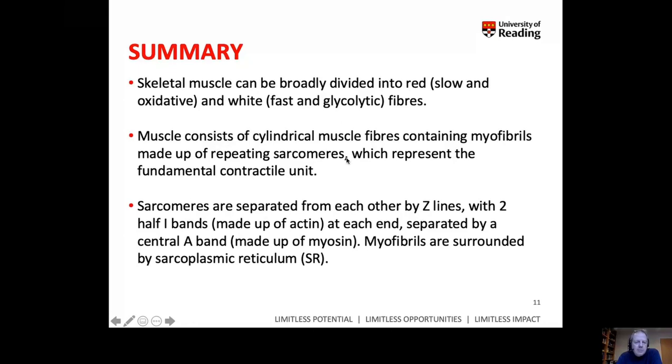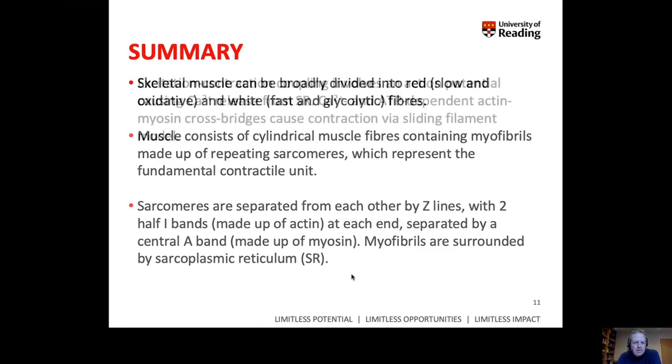Muscles, we told you about the organization. They're made of cylindrical muscle fibers containing myofibrils, made up of repeating sarcomeres. Hopefully you know the importance of a sarcomere now. They're separated by these lines and surrounded by the sarcoplasmic reticulum, which is important in excitation contraction coupling.